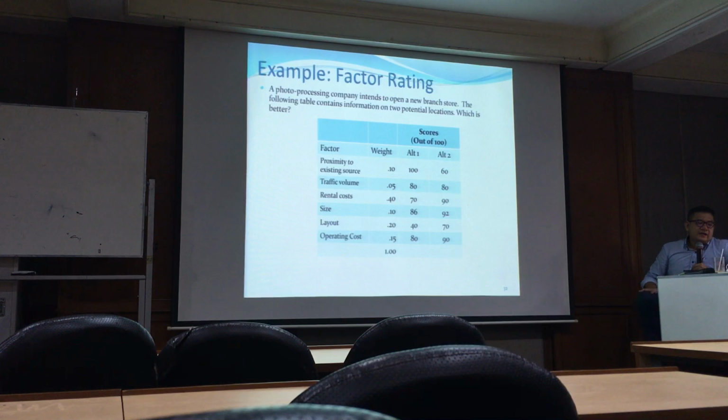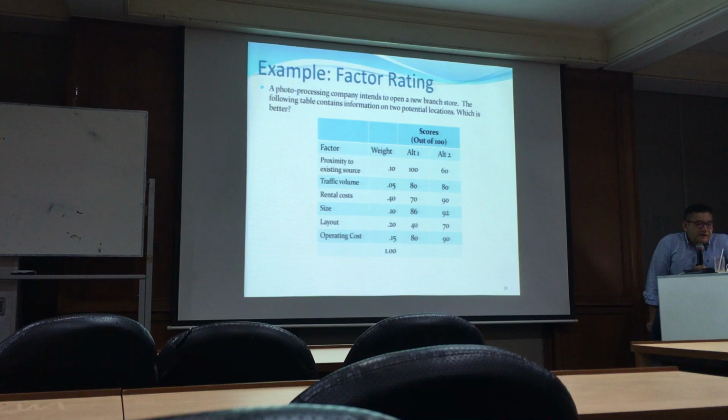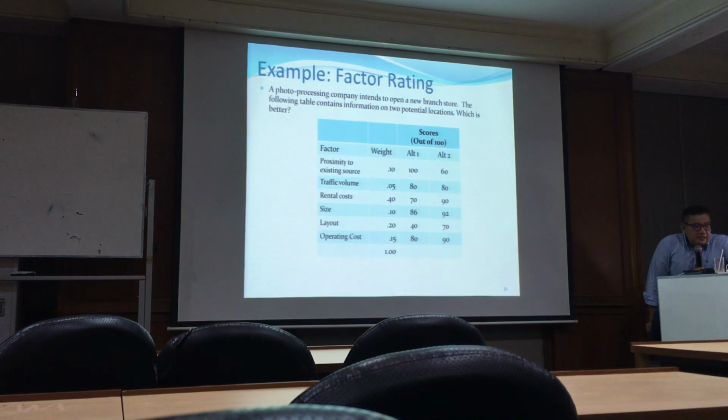And then they assign the weight. So in this case, the rental cost has the highest weight, 0.4 or 40%. And the traffic volume is the lowest one, 5%. And then for these 2 alternatives, alternative 1 and alternative 2, you give the score from 0 to 100 for each factor, for how many points you're going to provide.